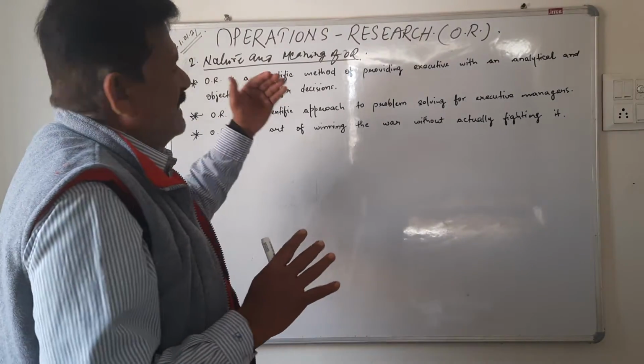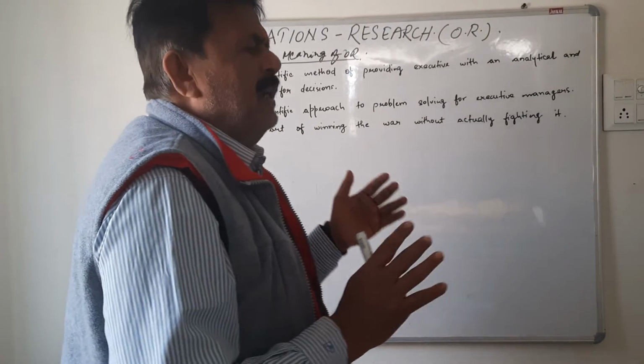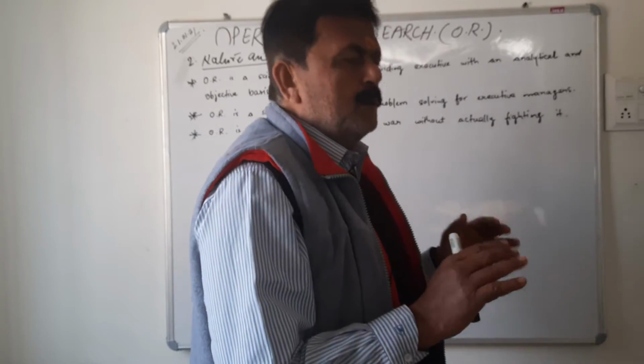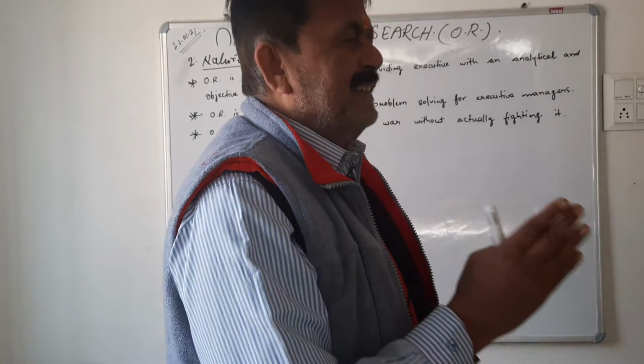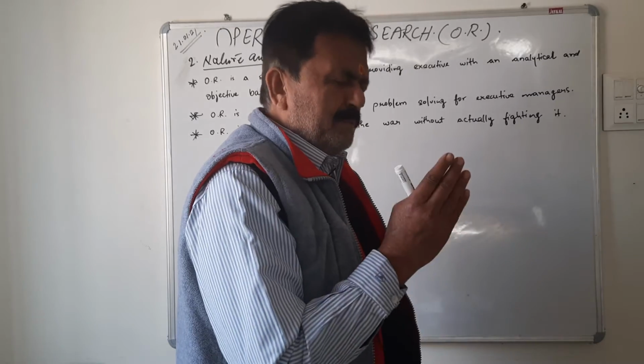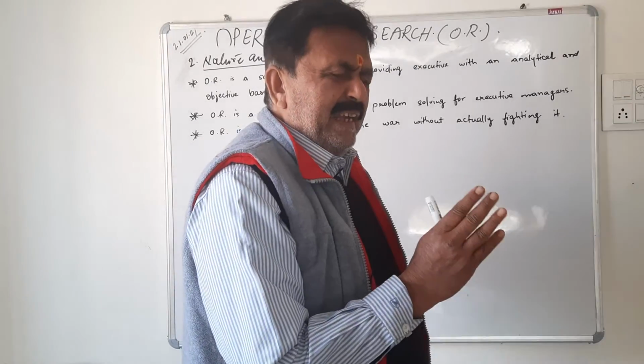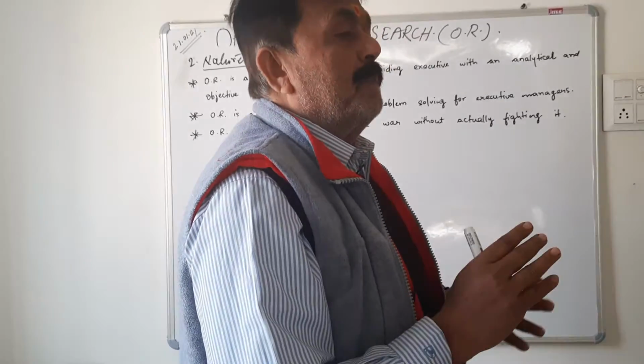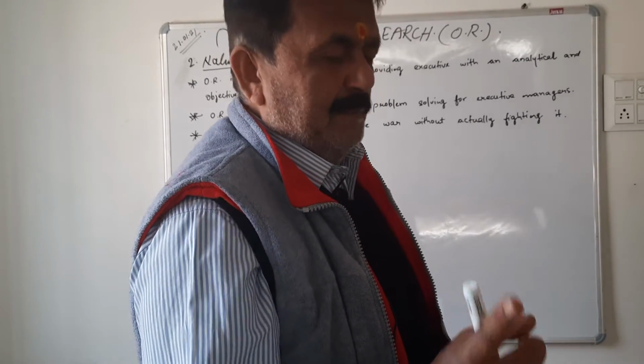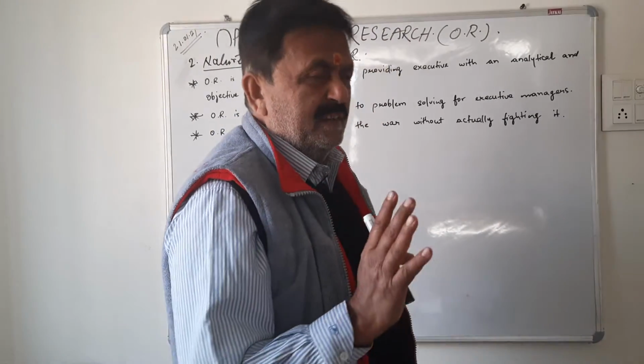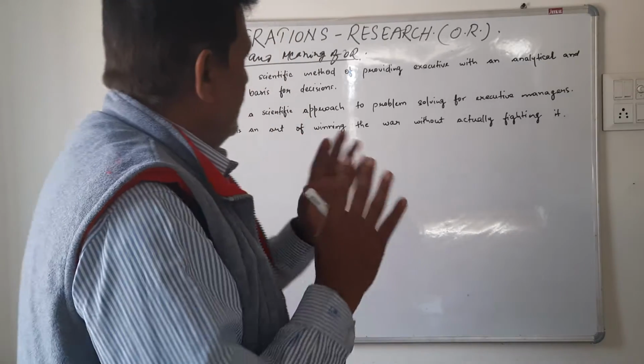So OR management never goes on the front line. They always sit behind the curtain. They make the proposals, they make the plans, and those plans are executed by either military managers or industrial managers. So this is what OR does.